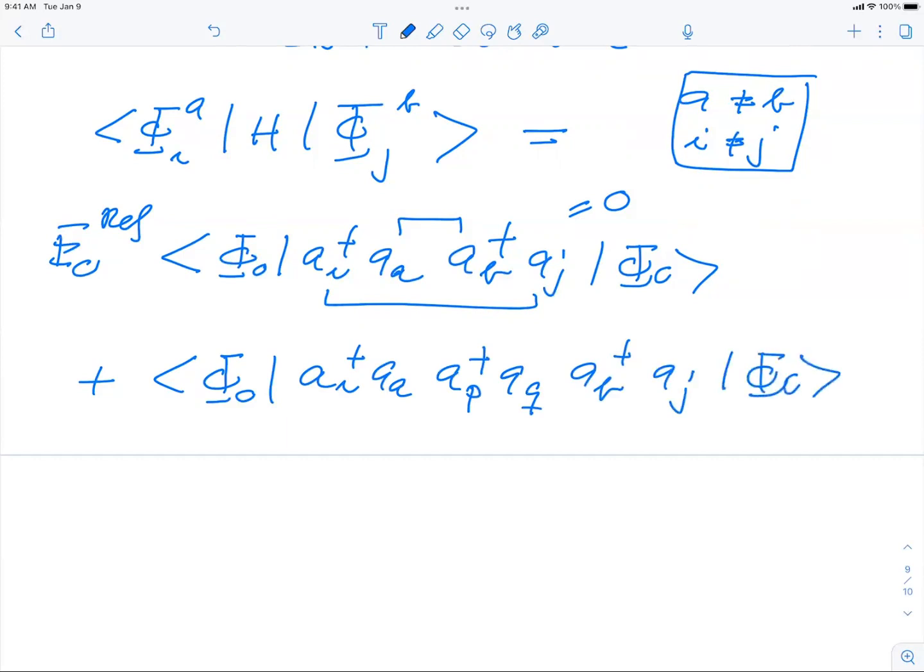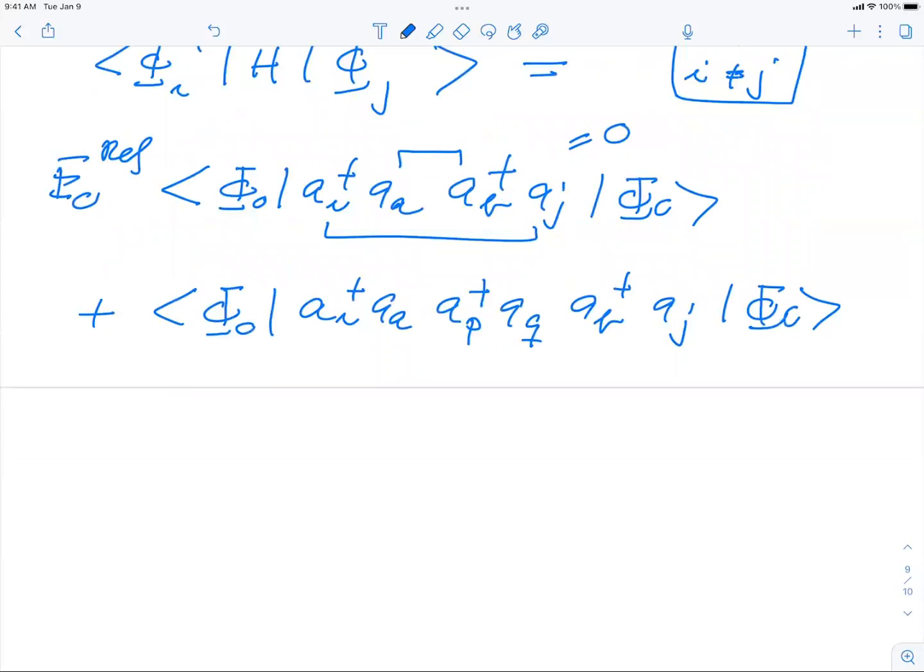So let's take a look at this one. Now here, obviously, a contraction which is viable is this one, and then I can take this one as well. That means that I'm left with that one, and we see immediately that one has to be 0, right? Because i and j cannot be the same. So this is 0.